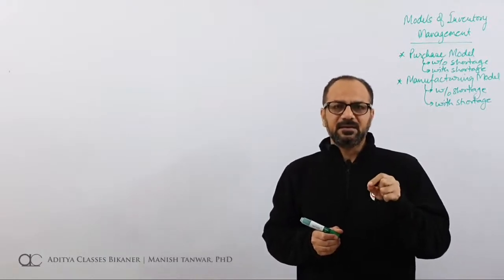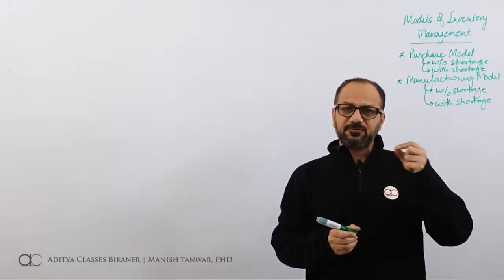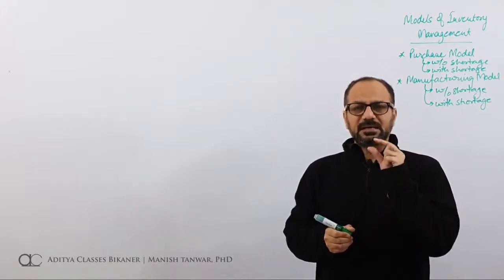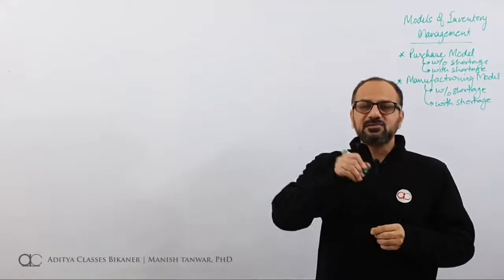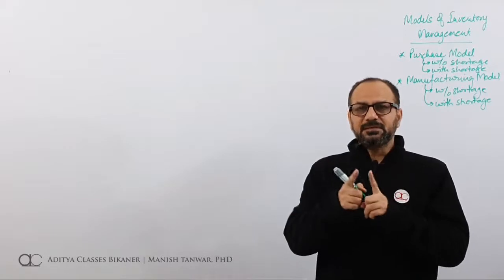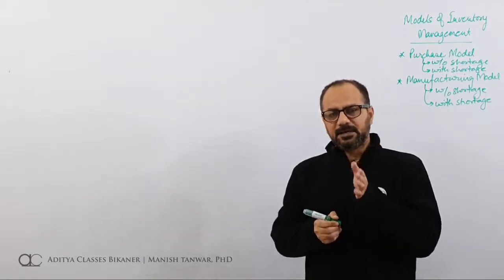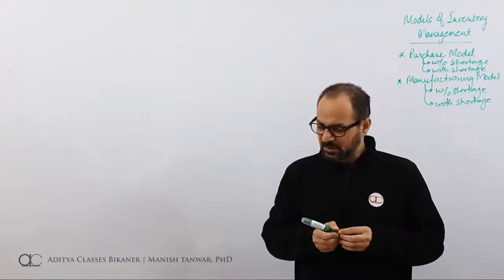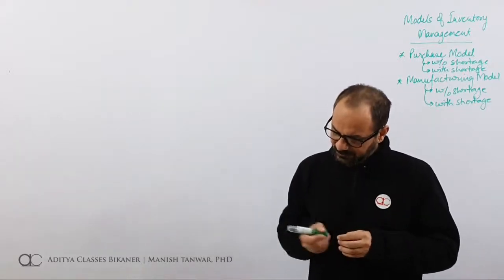For example, if I am carrying a unit for 1 day, what will be the carrying cost? If I am carrying that same unit for 5 days, what will be the cost? So the carrying cost is given in per unit per period. Then demand is also given in period. So we need to make sure that both these things are on same time frame. The carrying cost also and the demand also. In this case, it is 12,000 units per year in forthcoming year.